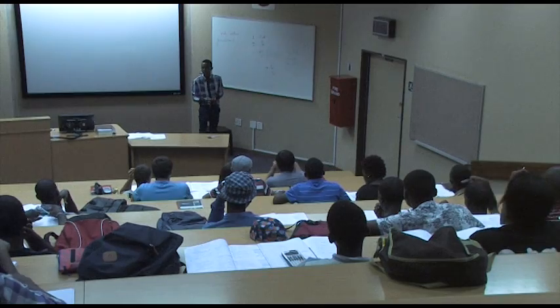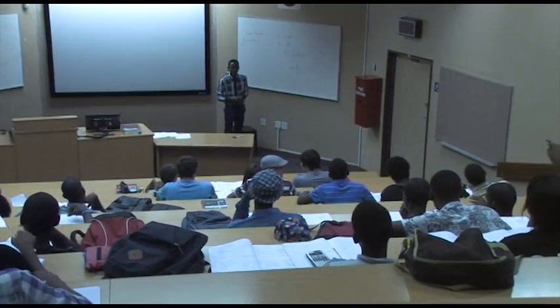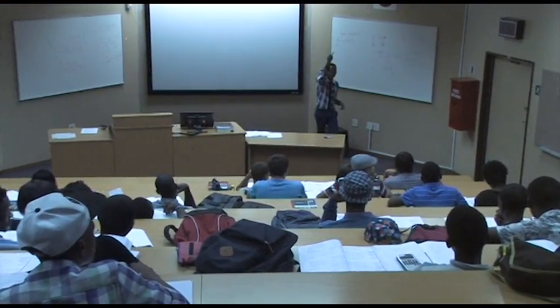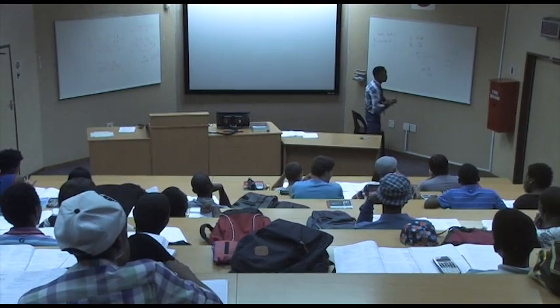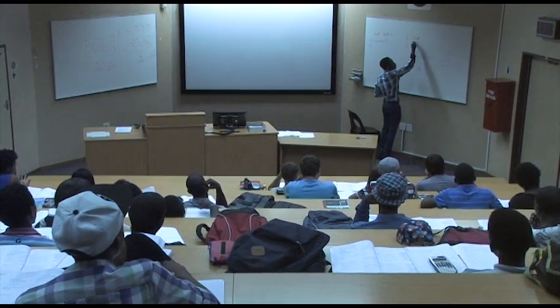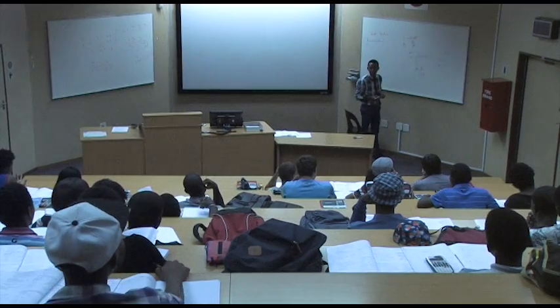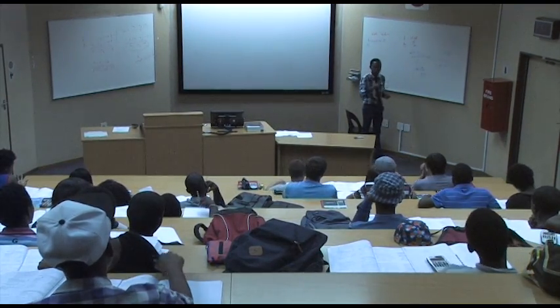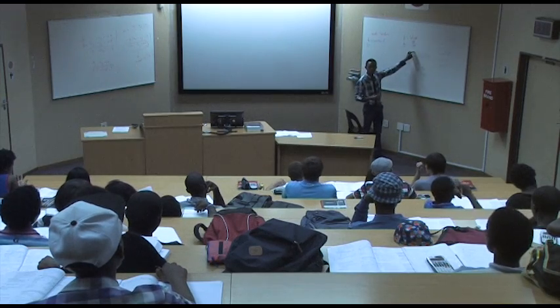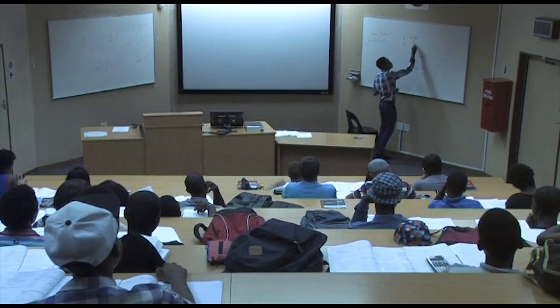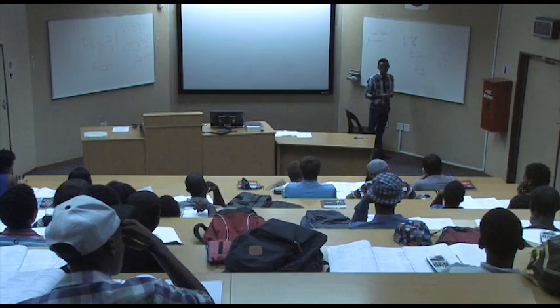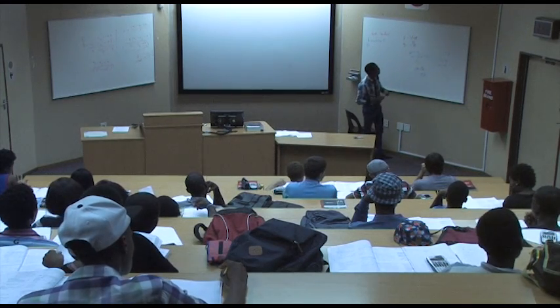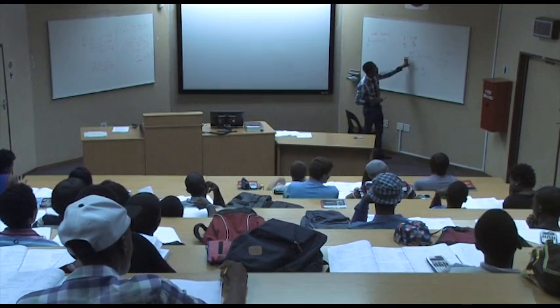Put an arrow on top of the BA to show that it's a vector from B to A. So also here. You guys lost a lot of points.